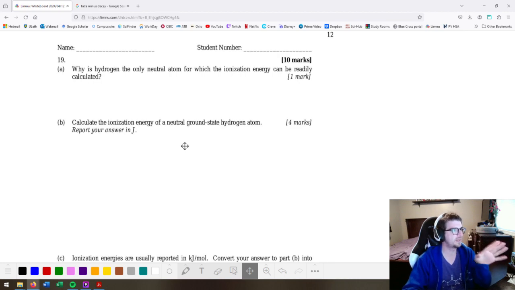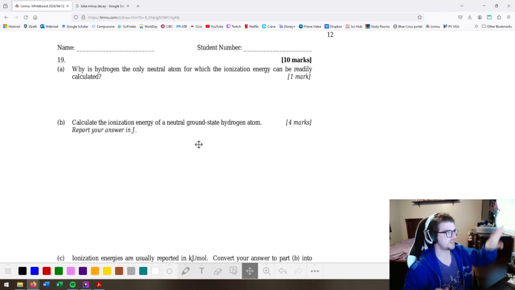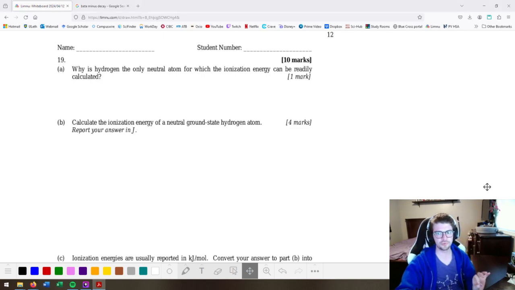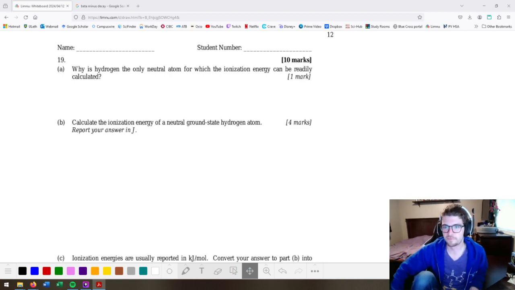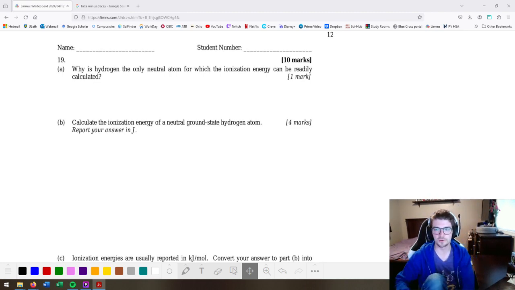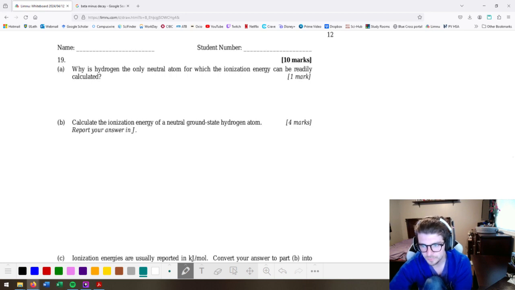So this is where Felipe wanted to get to, which is calculate the ionization energy of a neutral ground state hydrogen atom. All right. I don't remember the formula for that, so we're going to look at some stuff. Okay. Right.